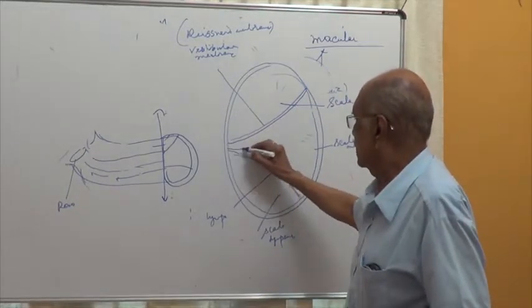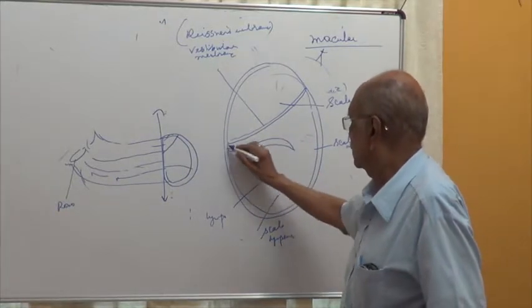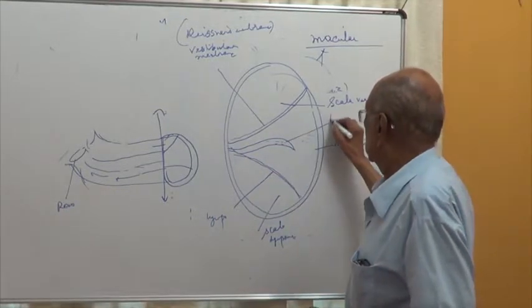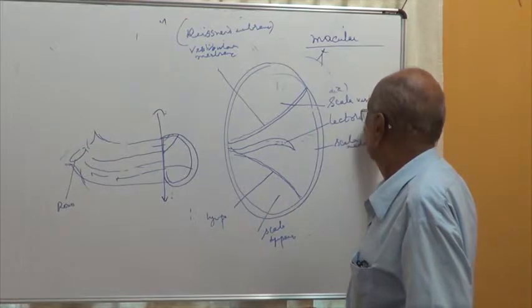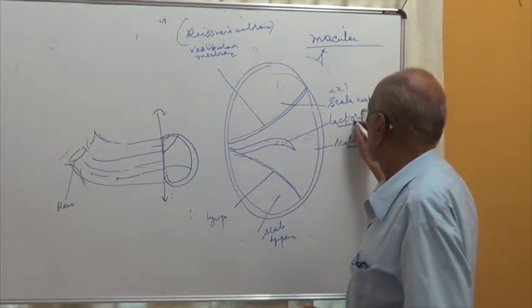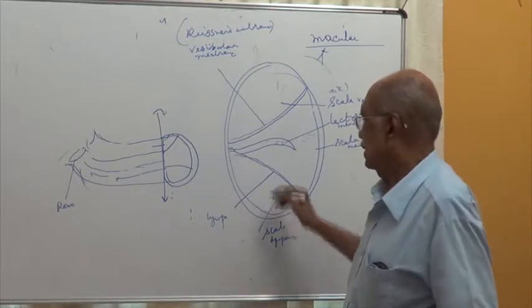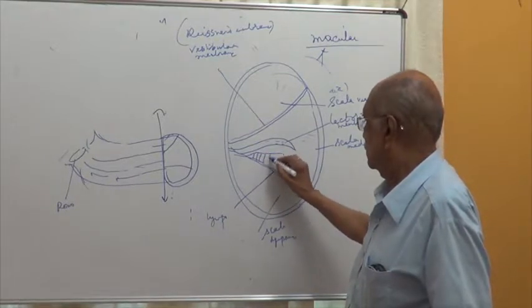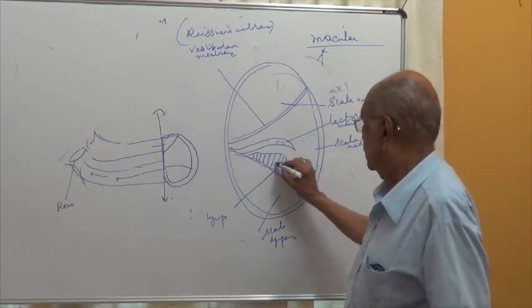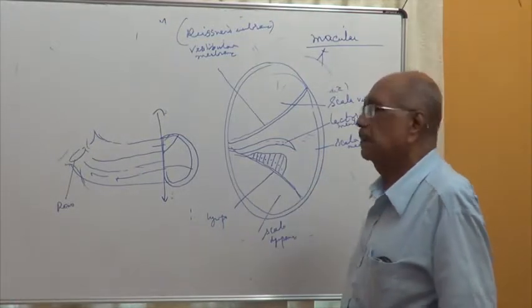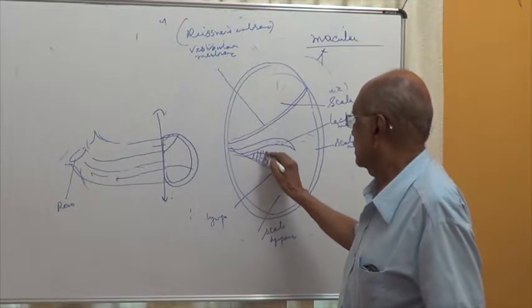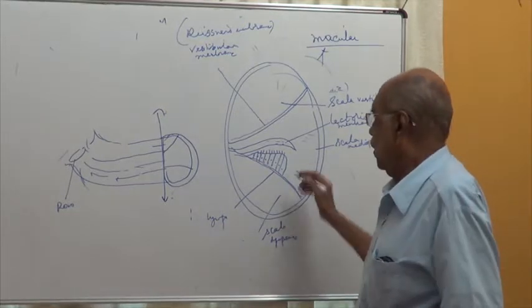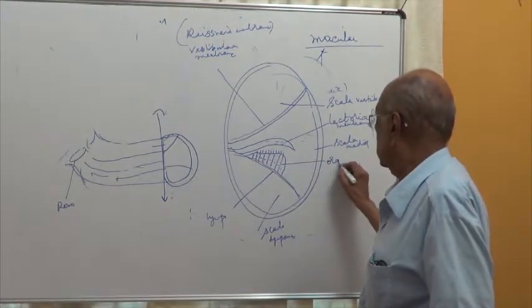Scala media, and then this is the tectorial membrane. And this is the organ of Corti.